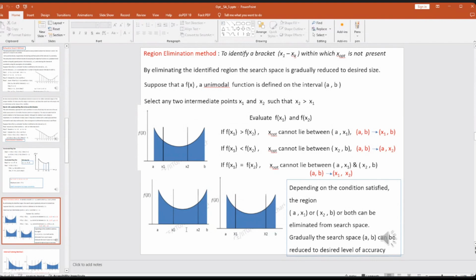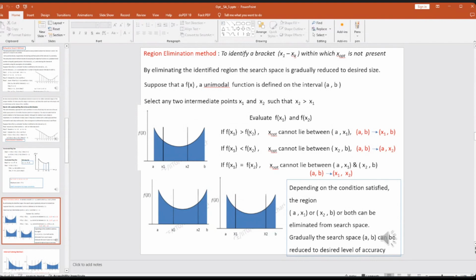What is the basic logic or basic philosophy? First of all, you have your search interval A and B. Clear? Yes, sir. AB is known. Now you choose two intermediate points within AB such that x2 is greater than x1. Evaluate f(x1) and f(x2). Suppose it is a unimodal function, x2 is at the right side of x1 and f(x1) is greater than f(x2).